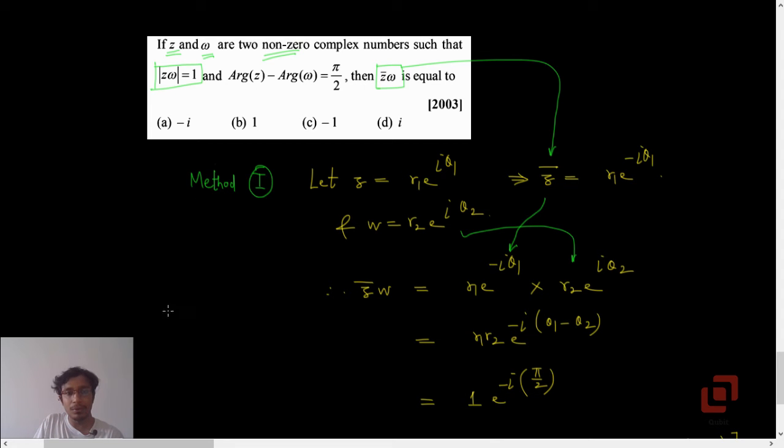But we already know that theta 1 minus theta 2 is pi by 2, because theta 1 is the argument of Z and theta 2 is the argument of W. So theta 1 minus theta 2 will be pi by 2, and we have now got e to the power minus I pi by 2, and R1 into R2 will be 1.